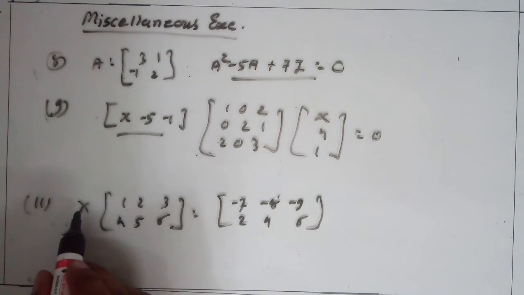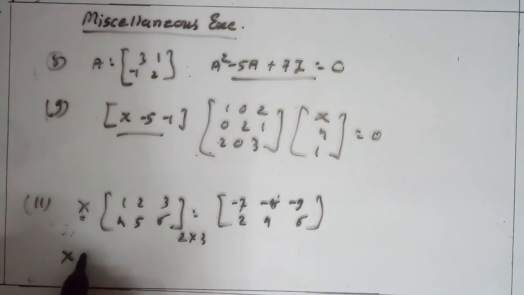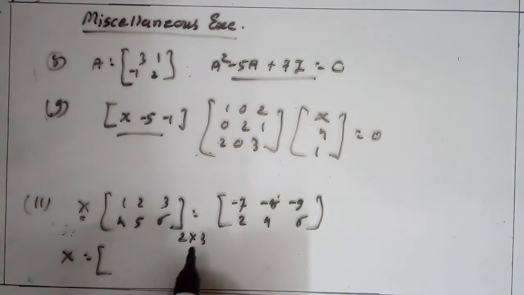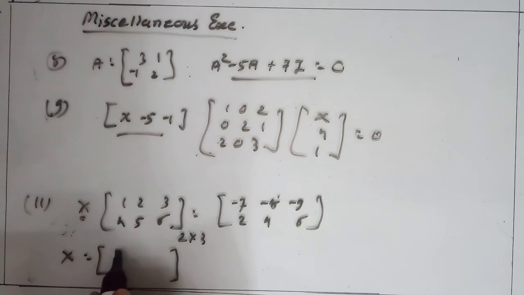First suppose this matrix x, whose columns become two columns: A, B, C, D. Clear?